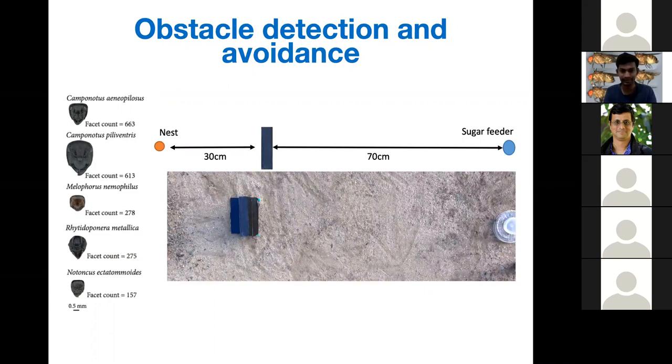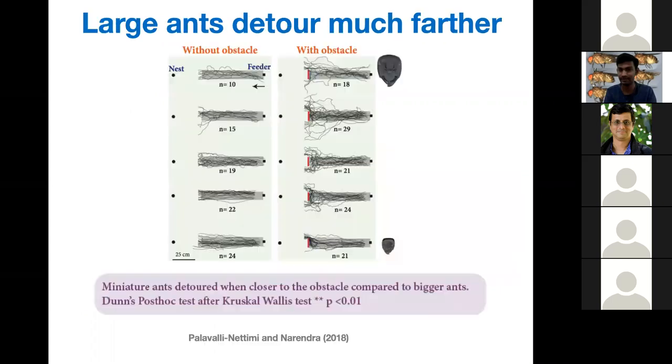We filmed this for all 5 species without an obstacle, on the left side, and with the obstacle, on the right side. We also defined a corridor, the gray corridor there, the area from the obstacle to the feeder.